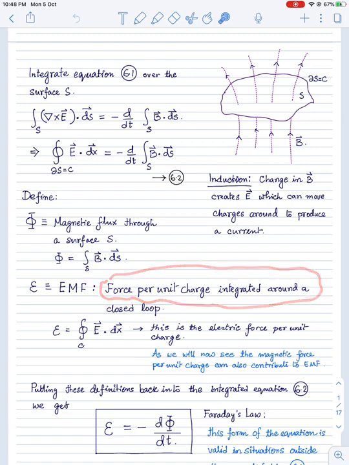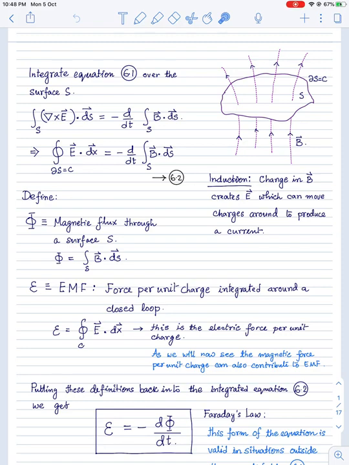So if we define this quantity, force per unit charge integrated around the closed loop, then that quantity is called EMF, or the full form, electromotive force. And again, this is not really a force exactly, but it's force per unit charge integrated around the closed loop. That is what it is. You take E and do the line integral of E around a closed loop.